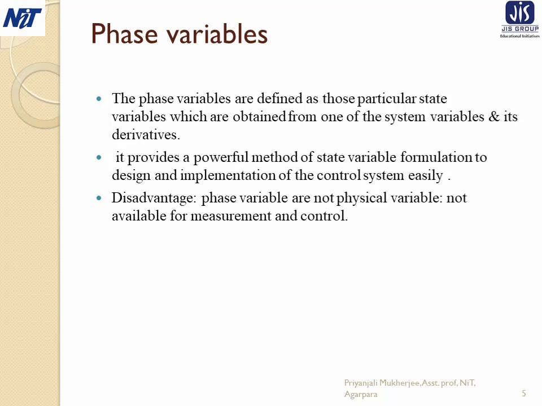A link is provided between the transfer function approach and the time domain approach while designing the control system. So during the design and implementation of the control system, it makes the process easy and straightforward.